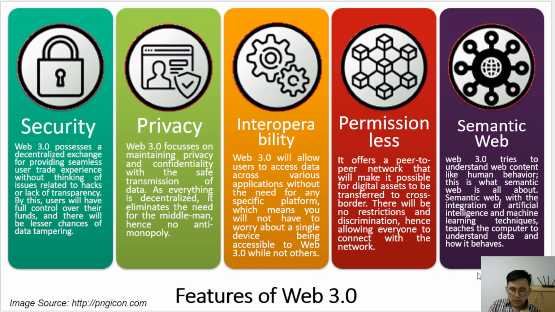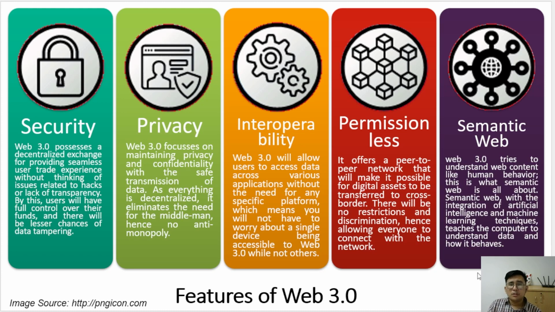We don't need permission to access information as well. And the most important thing is the semantic web, where the Web 3.0 tries to understand web content using human-like behavior. So it acts as a human. This is what the semantic web is all about.